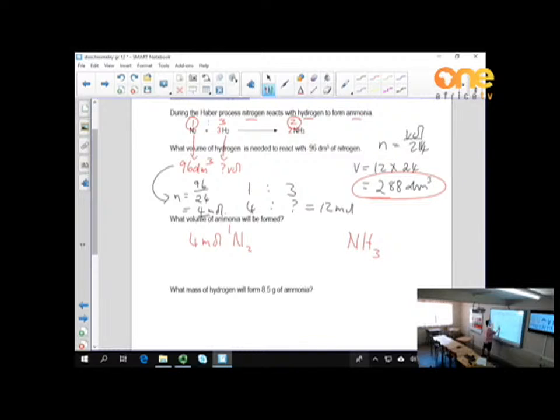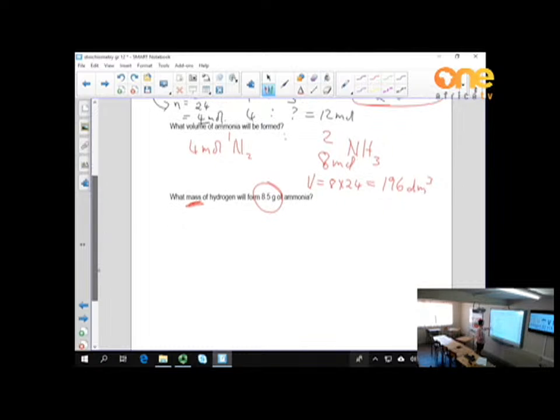So in the ratio 1 to 2, I now have 4, so I will have 8 moles over there, and the volume of 8 moles is going to be 8 times 24, which is 196 decimeters cubed.